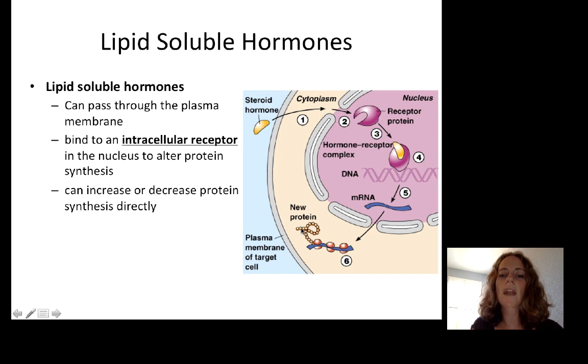This is a much more direct way to increase or change molecules within a cell. And often, it can increase or decrease protein synthesis directly. So these will bind to intracellular receptors in the nucleus to alter protein synthesis, but they have to be lipid soluble. The biggest class of lipid soluble hormones are the steroid hormones.